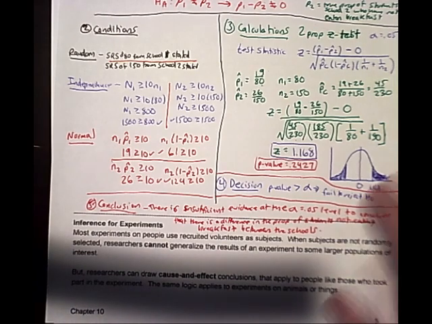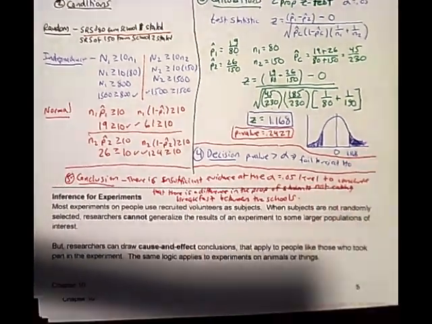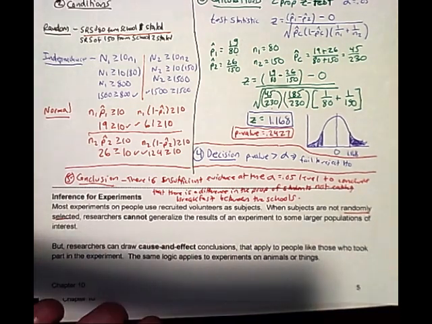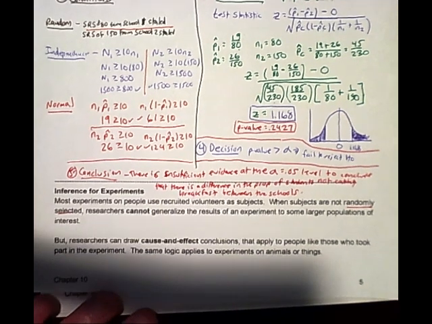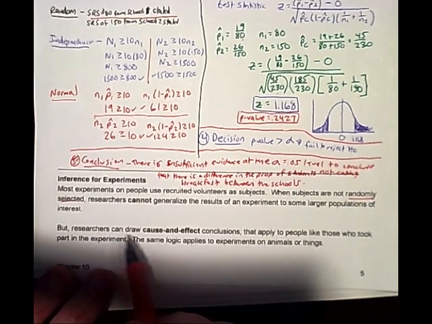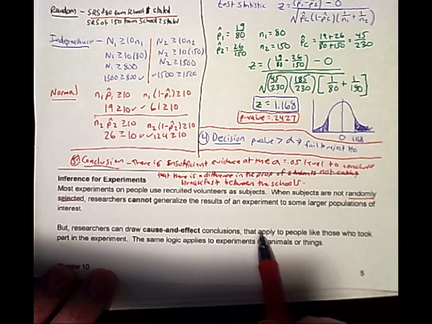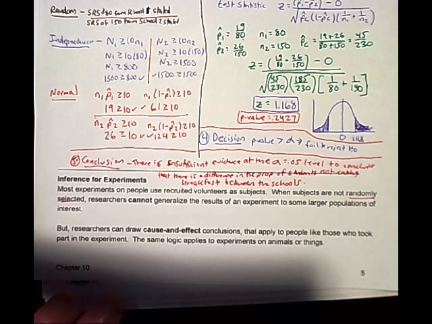So now, inference for experiments. It says most experiments on people use recruited volunteers as subjects. When subjects are not randomly selected, and a lot of times in experiments you can't do that, researchers cannot generalize the results of an experiment to some larger population. But with an experiment, researchers can draw cause and effect conclusions that apply to people like those who took part in the experiment.